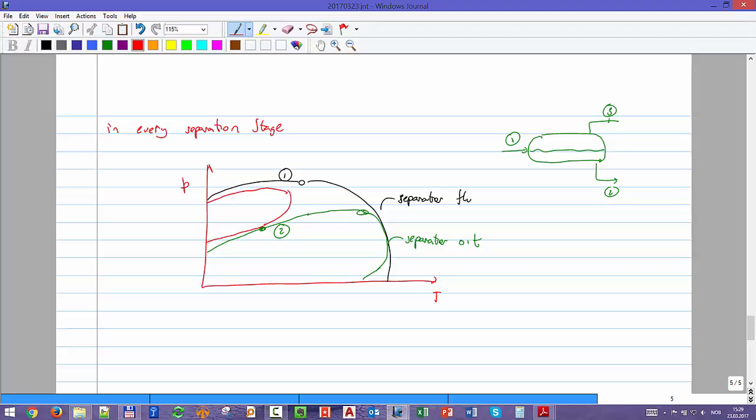The point is that the fluid that leaves as oil is at the bubble point, exactly there in that point on the curve, and the fluid that leaves as gas is at the dew point.